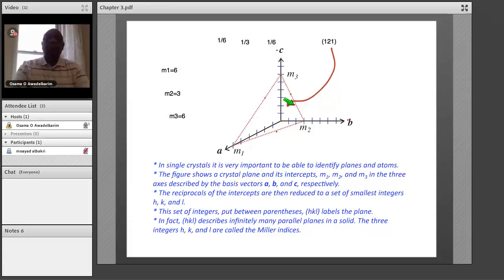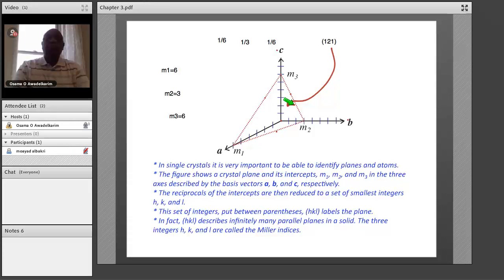So for the plane, you simply look at the intercepts of the plane with the three basis vectors. Then you take the reciprocals of these intercepts, and then you find the smallest integers in the ratio of these. This smallest integer set defines the plane.